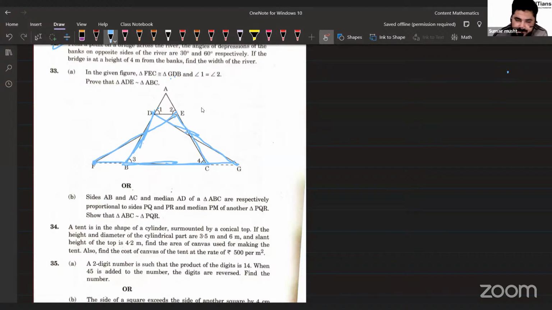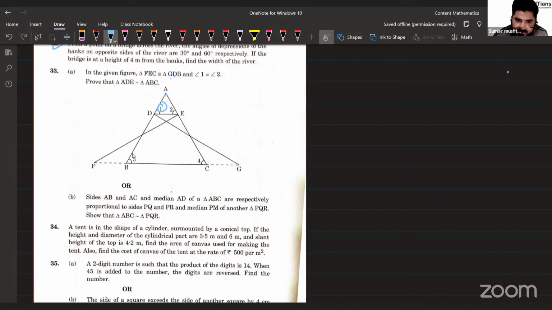So triangle ADE is similar to which triangle? ABC. How can we do it?